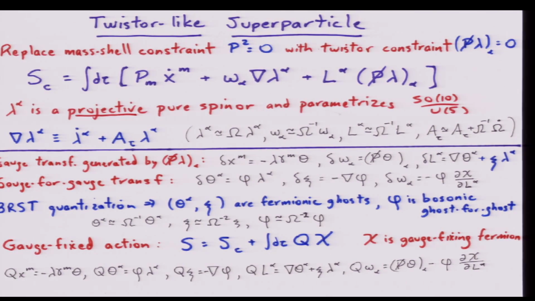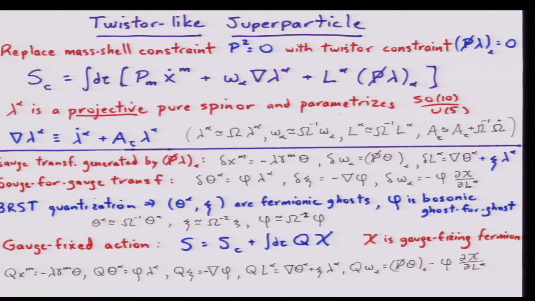And so this is how that works. It almost cancels. There's a term left over, which is del lambda, which has to be canceled by a shift of W. So this is the shift of W, and chi is the gauge fixing fermion. So the reason why you have to shift W is because the delta squared of this is 0 only up to an equation of motion for lambda.